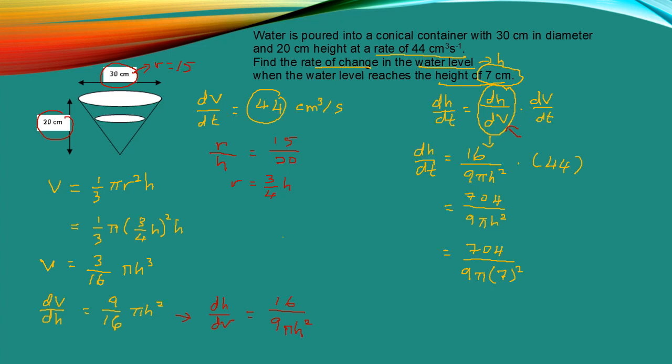Then calculate this one, we will get dH over dt is 0.5081. The unit according to our question just now is cm, so dH over dt, the height, will be cm per second.